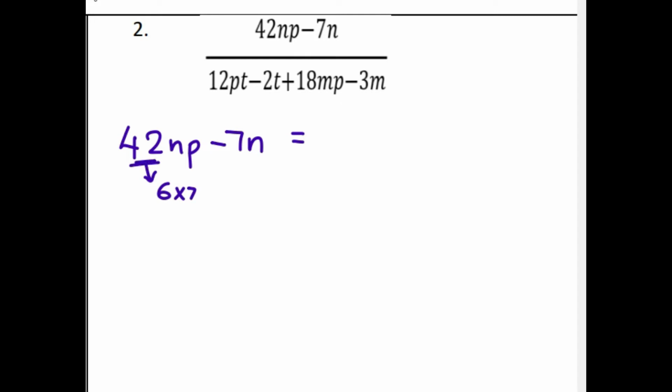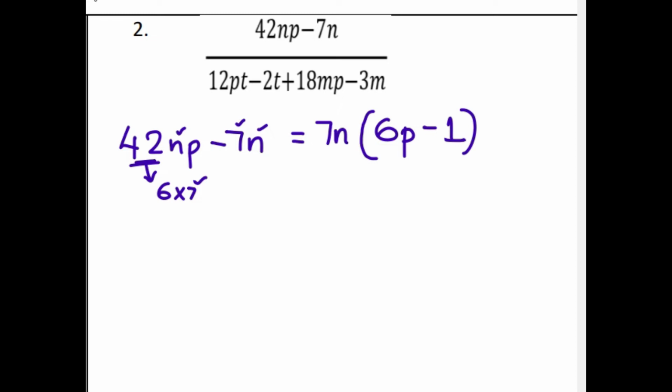So in that case, 7 becomes a common factor. And you have n there, so I'll take 7n as a common factor for these terms, and within brackets you have 6p and you have minus 1. So this is going to be a numerator.